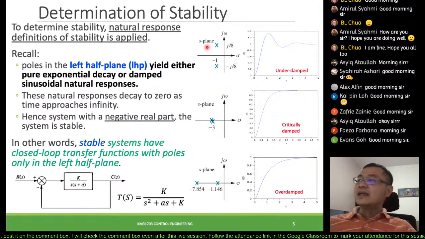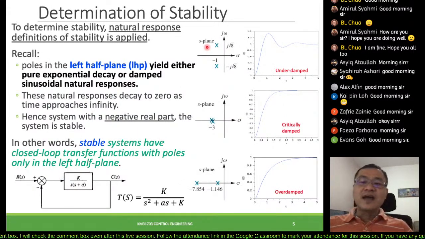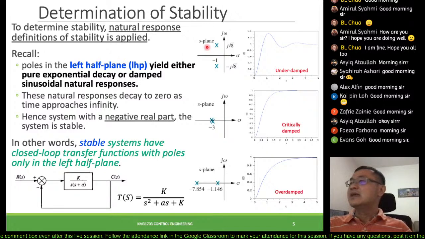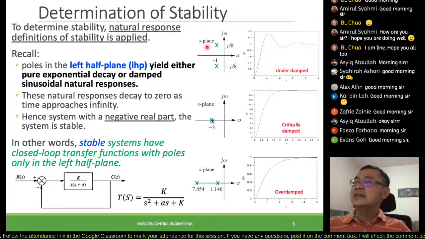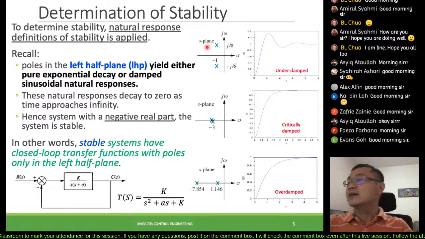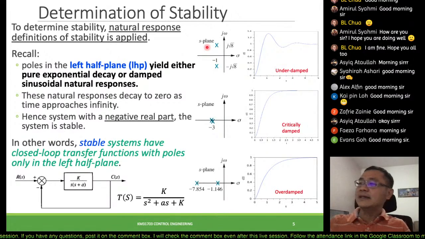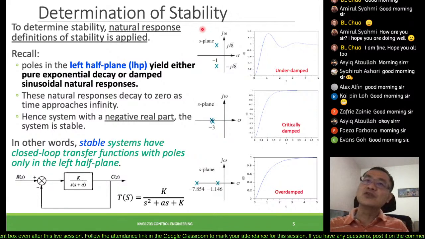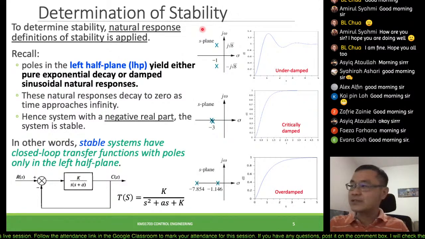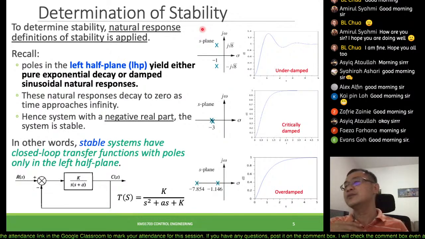Based on that, now we will try to identify the stability purely based on the locations of the roots that we have known previously. Recall that the natural frequency of a system can be plotted into the s-plane, which we have covered previously.